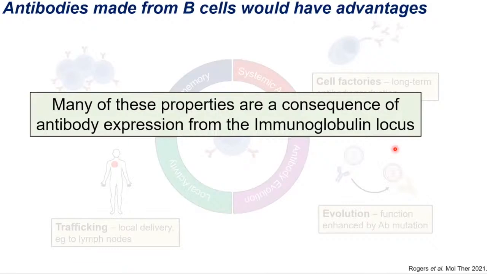Many of these properties of B cells are a consequence of where the antibody gene is made, because it's expressed from a gene called the immunoglobulin locus. And therefore, if you want to have an antibody that recapitulates these features of B cells, you have to think about being able to express that antibody from the natural immunoglobulin locus.